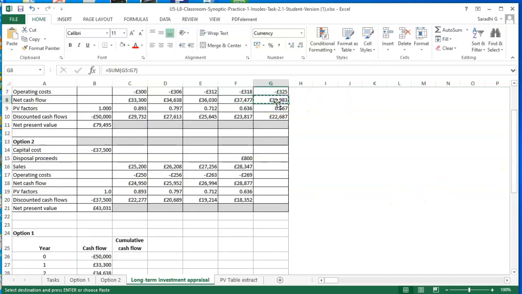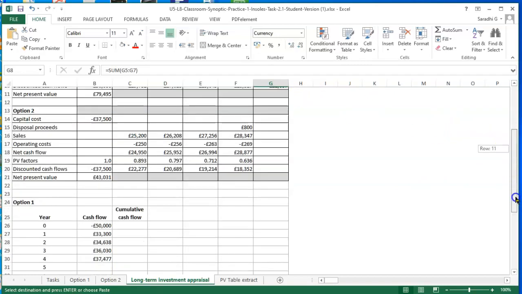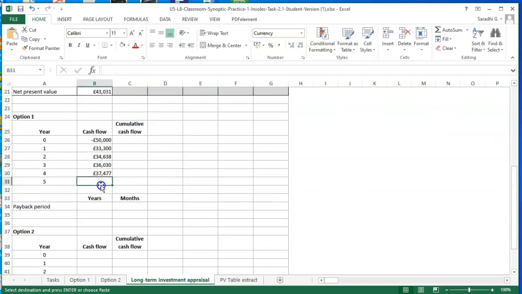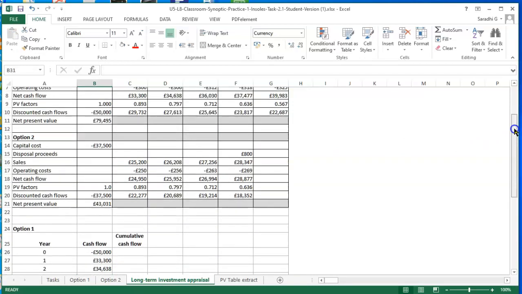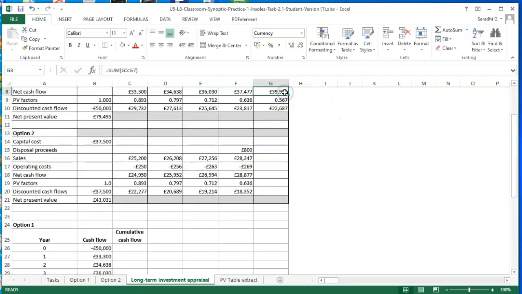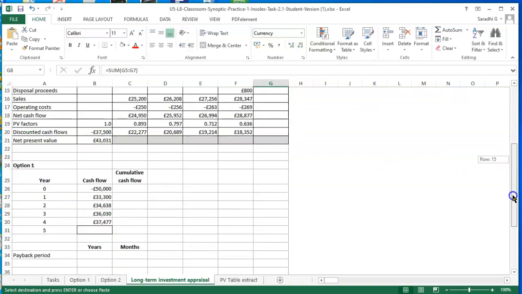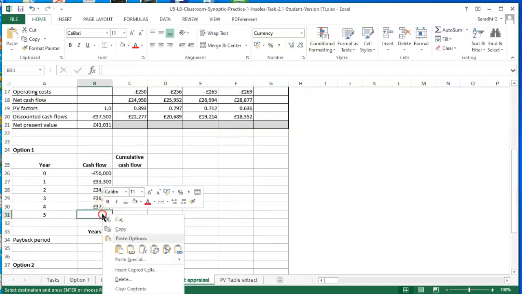Last year, Control C and paste link. Once you do that, oops, that's very high. Control C and paste link.